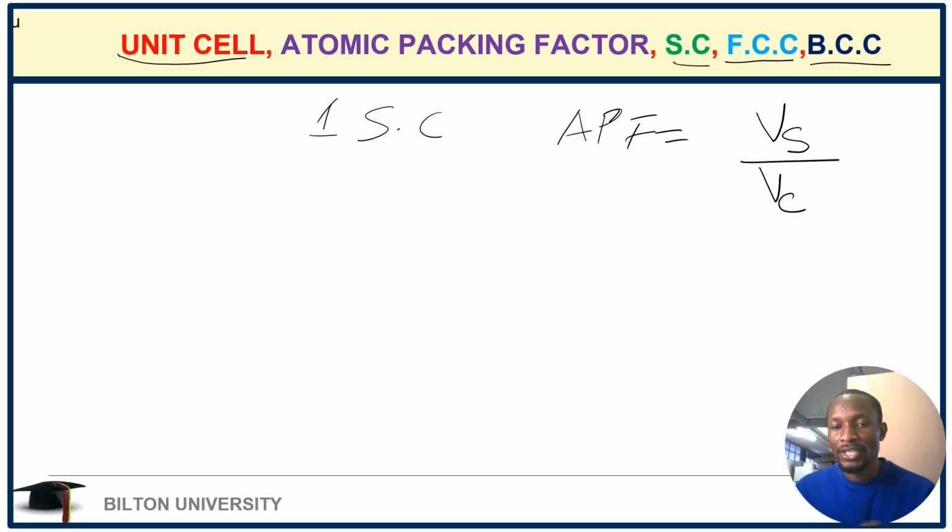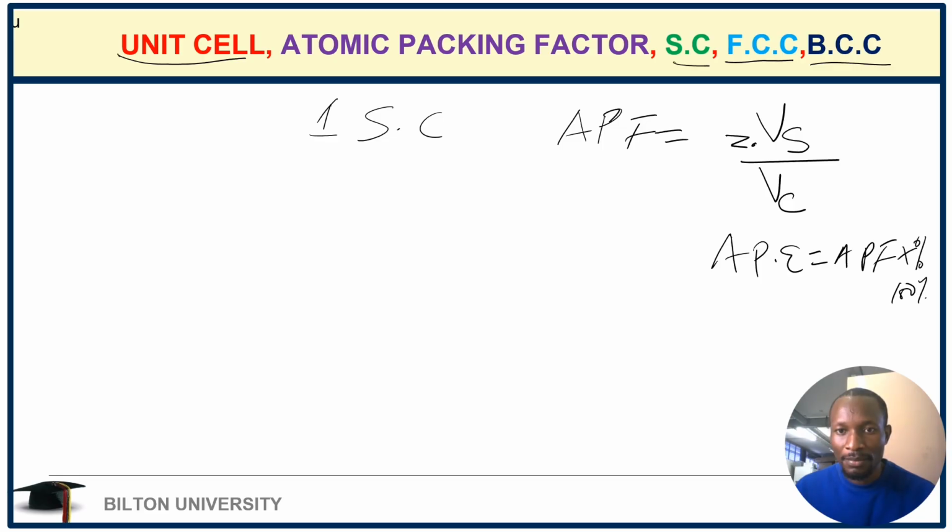However, in each and every unit cell there's what we call the effective number, and this effective number is different for every type of unit cell, and we can represent it by Z. Now, once we have the atomic packing factor, we can have what is called atomic packing efficiency, which is the atomic packing factor times 100%.